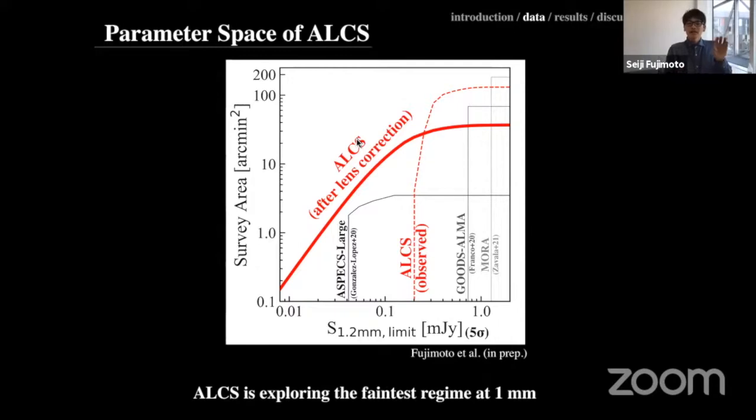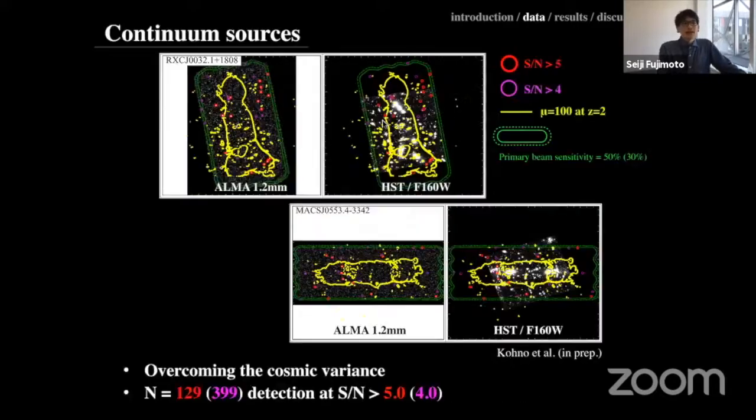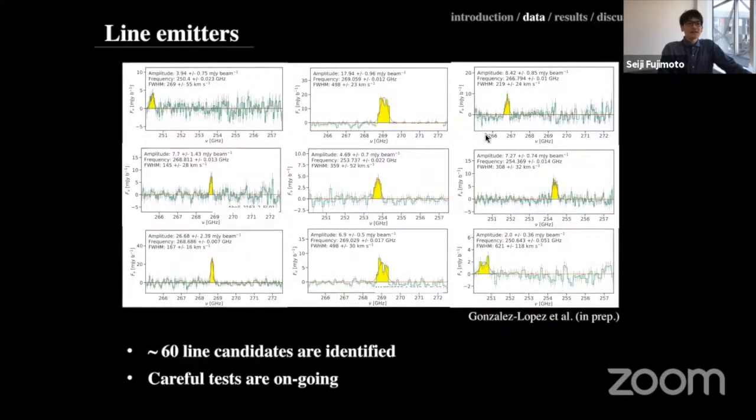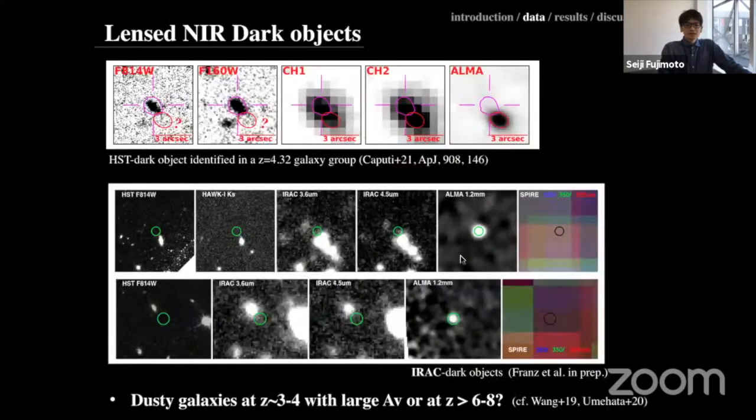Moreover, independent lines of sight towards 33 massive lensing clusters are helpful to overcome the cosmic variance. As a result, we are identifying hundreds of continuum sources, tens of line emitters, and even several lensed near-infrared dark galaxies that are bright in ALMA, but are not detected at all in all HST bands, or even sometimes Spitzer IRAC bands in some cases.